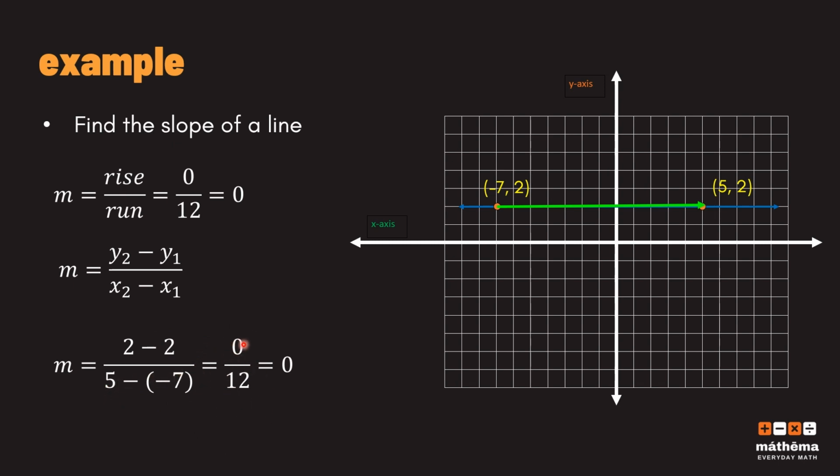And again, this 0 over 12 is just 0. So again, from here, the slope is 0. Horizontal line. Every time you are given a horizontal line and then you are asked of the slope, the answer is always 0. I hope that is clear.